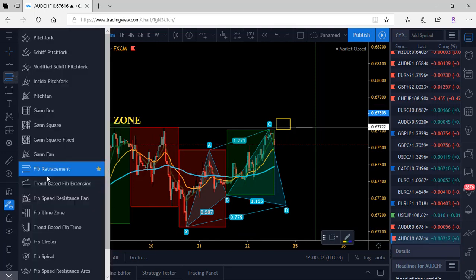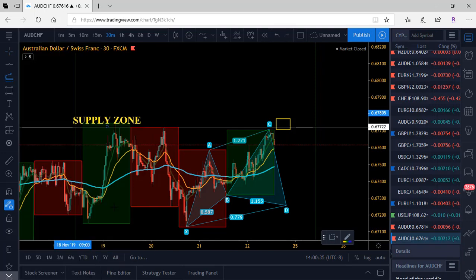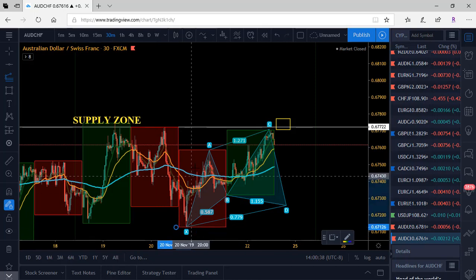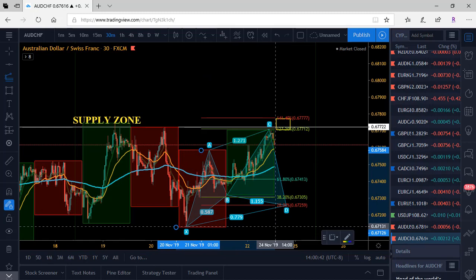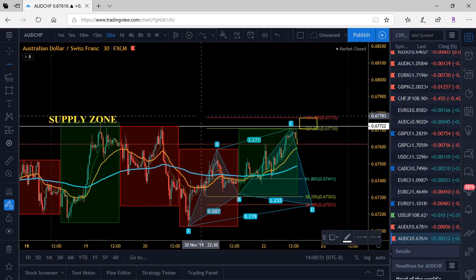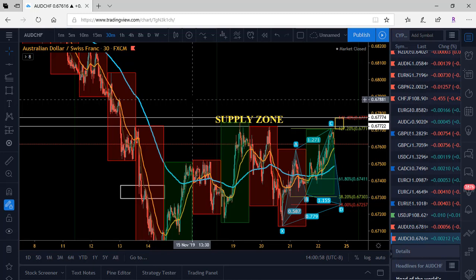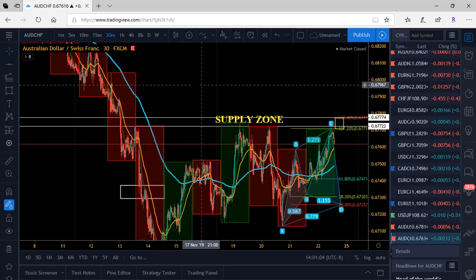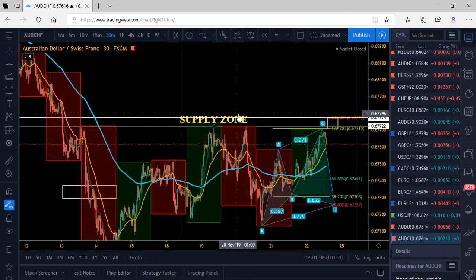So I'm gonna use my fifth extension from X to A, back to X. So this right here pretty much gives you a good indication for that drop due to resistance, due to roof, whatever you want to call it.